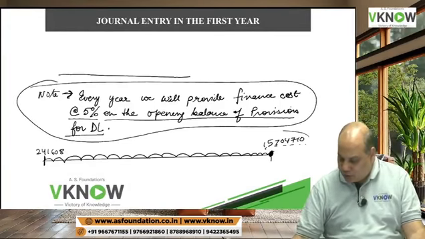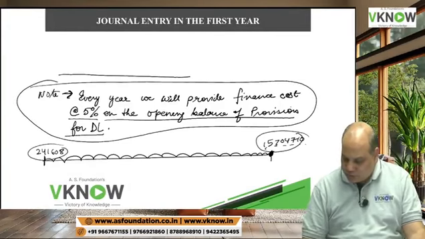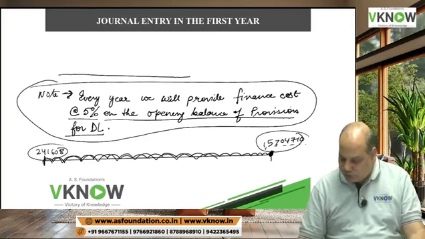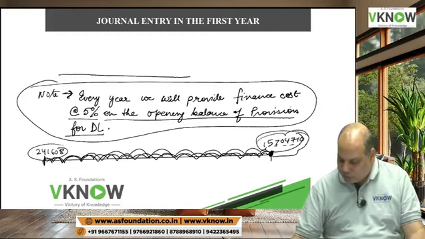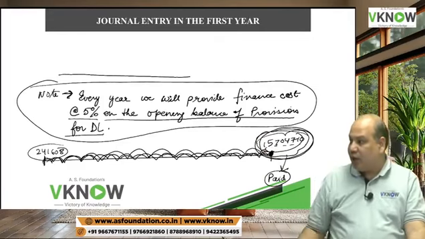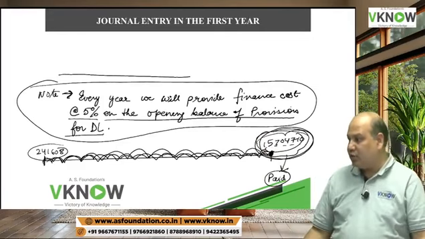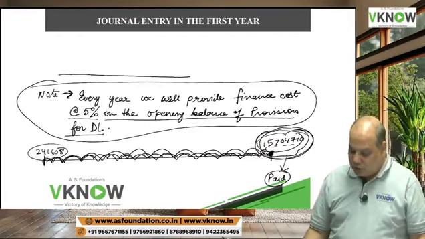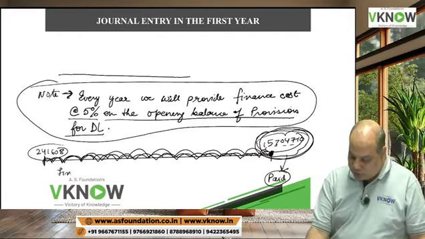You have calculated present value of this amount, so you have to make sure that after 40 years, the balance in that decommissioning liability account becomes this amount, and this will be paid at the end of 40 years. To reach this value, I need to keep adding 5% every year. That is called finance cost, and finance cost is charged to P&L account.